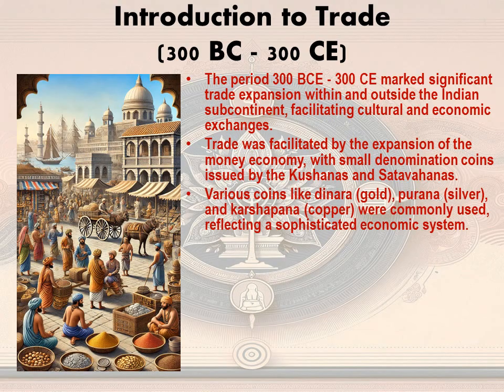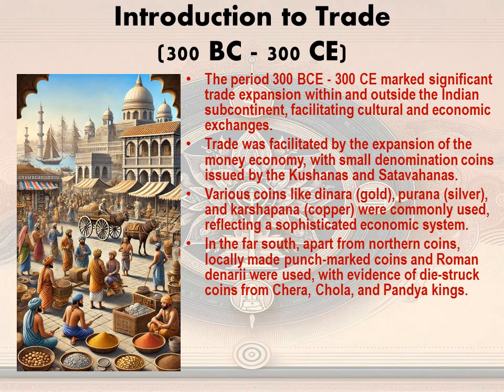Various coins like dinara, which is gold, purana, which is silver, and karshapana, which means copper, were commonly used, reflecting a sophisticated economic system. So there was no single monetary system based on a single kind of coin. There were different metals used for making different denominations of monetary economy.